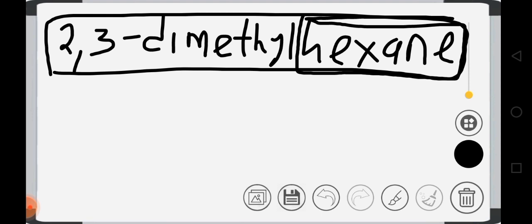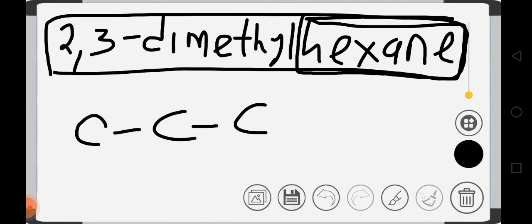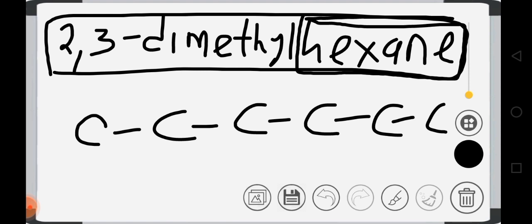So the structure of hexane has 6 carbon atoms. Let's just bring out 6 carbon atoms. We have 1, 2, 3, 4, 5, 6. This is hexane.